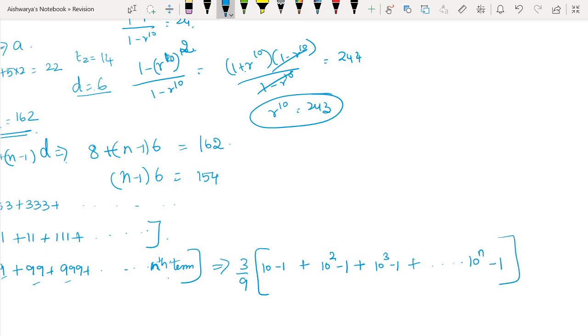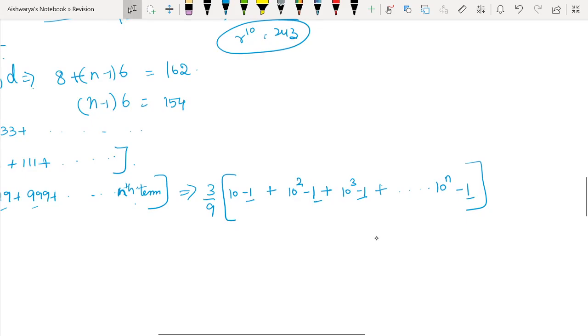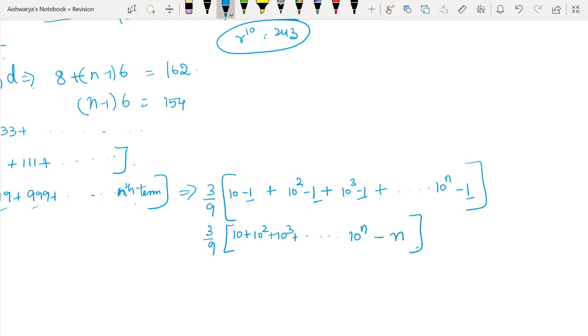Now that we have written it like this, we know this minus 1 is repeating n number of times. So we can write it as 3 by 9 into 10 plus 10 square plus 10 cube and so on up to 10 power n, minus n. I have added the 1 n number of times, so it will become minus n.